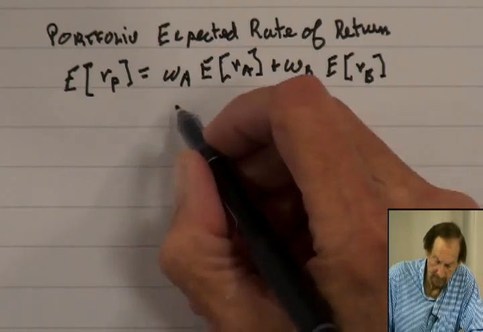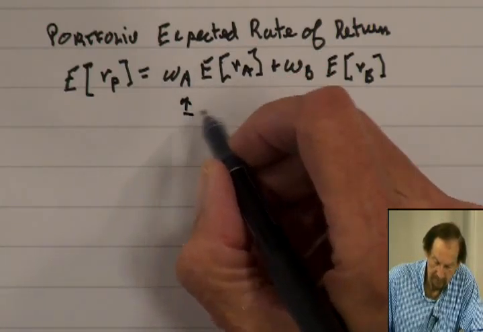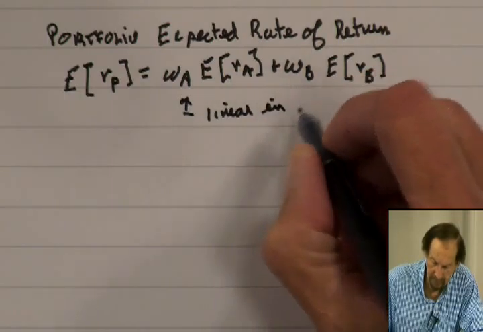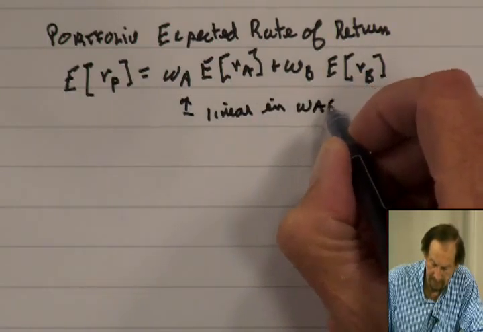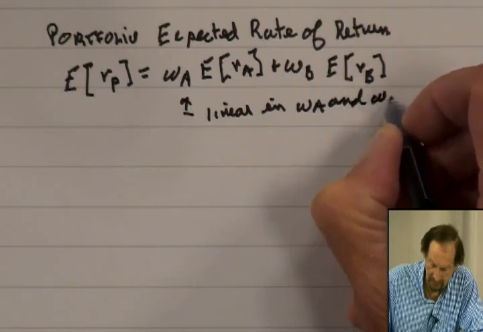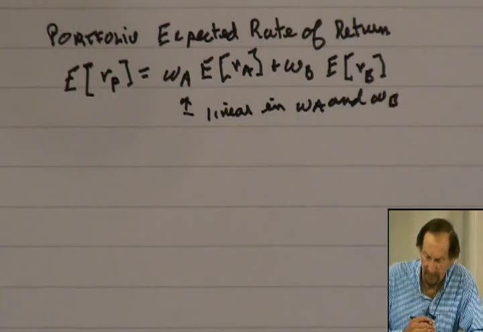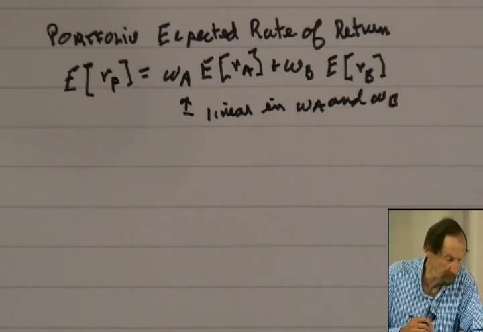So this is linear in WA and WB. In fact, you could say it's linear in WA because we can express WB as 1 minus WA.